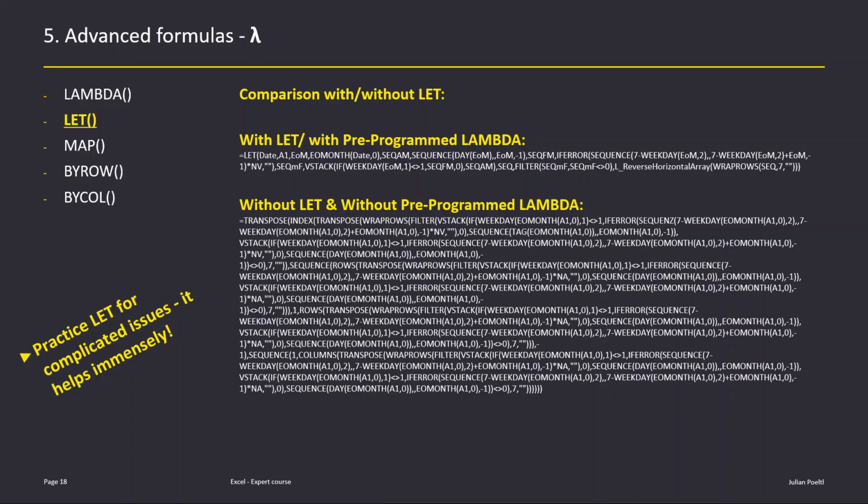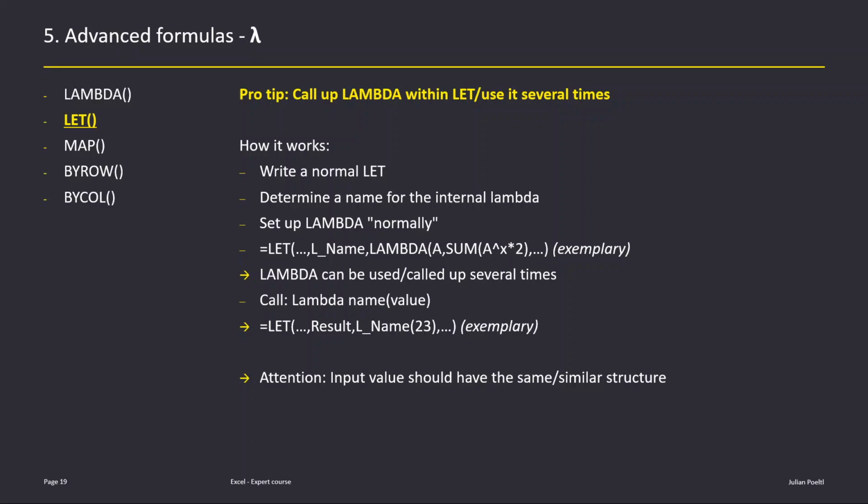And I can highly recommend using LET for complicated issues. It will help immensely. Also a pro tip: you can call up lambdas within LET and only need to write them once and use them several times. You write your normal LET function, then determine a name for this internal lambda, then set up the lambda normally.